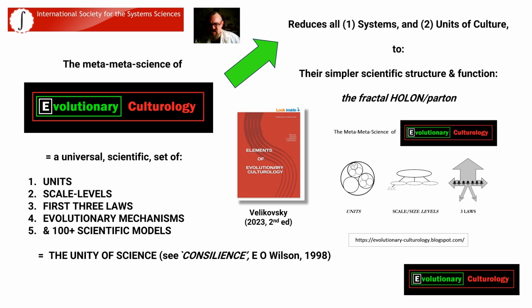There's the units, the scale levels, and the 3 laws of fractal holon partons. Next. And there's the 3 laws lens down the bottom. That's how we go around identifying, finding and locating units of culture if you don't know what they are in the domain that you're working in or investigating. Next.